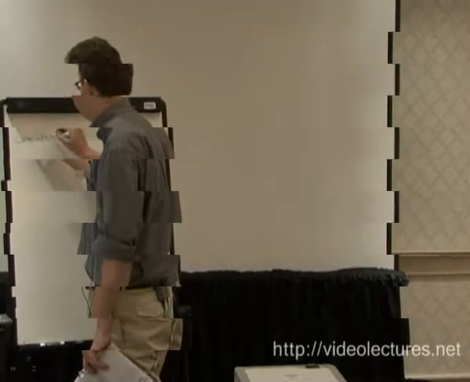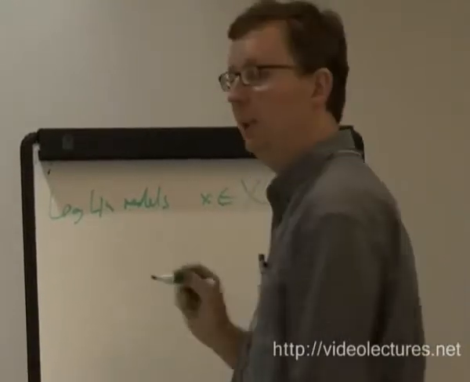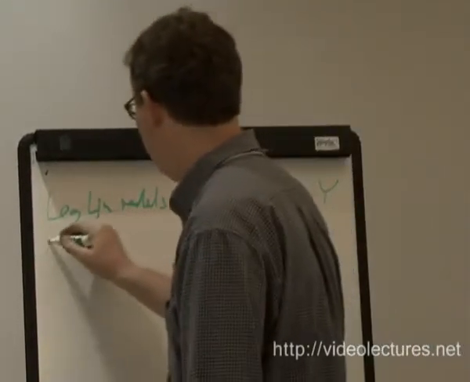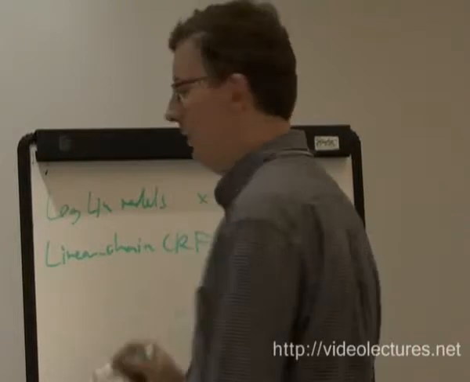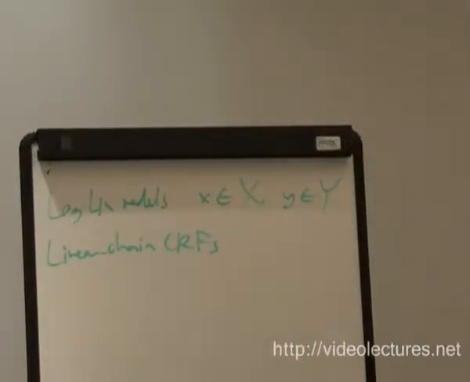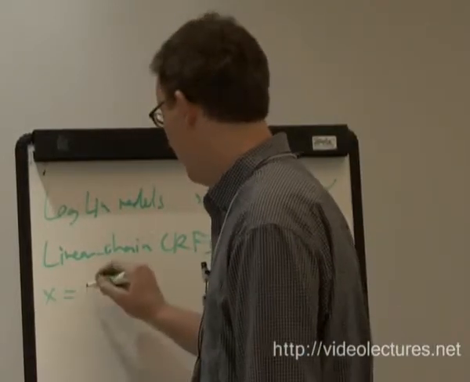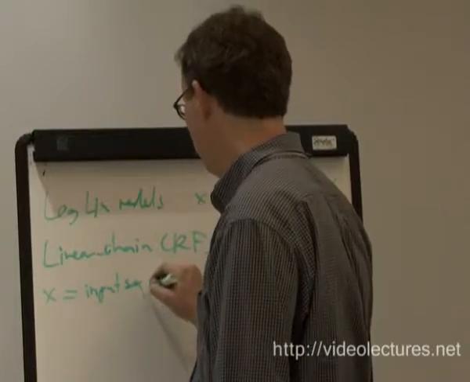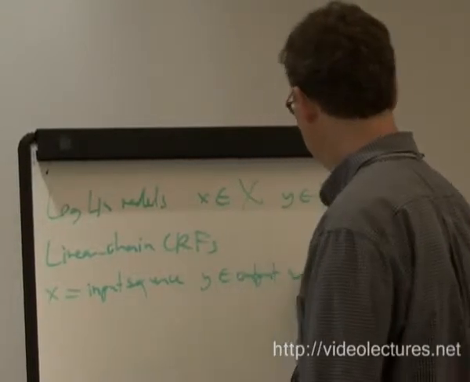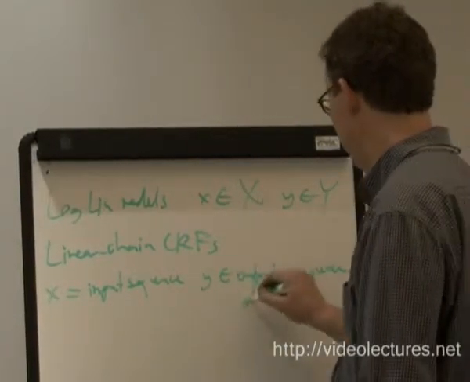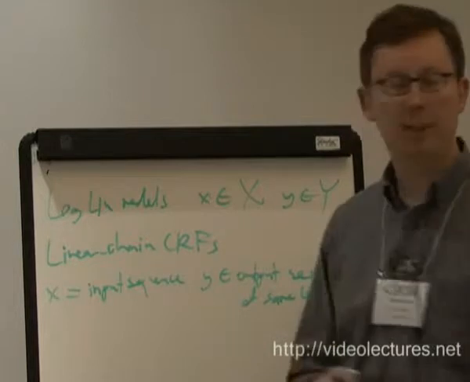So we have x belonging to a general X, y belonging to a general Y. And now with linear chain CRFs, which are the most common sort of CRF and the sort I'm going to be talking about, x is an input sequence and y is an output sequence, and the simplest case is where the output sequence is of the same length.